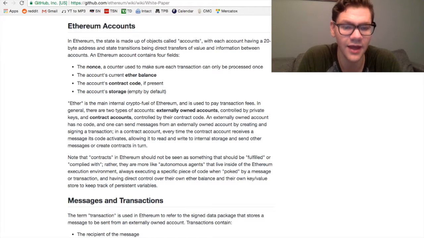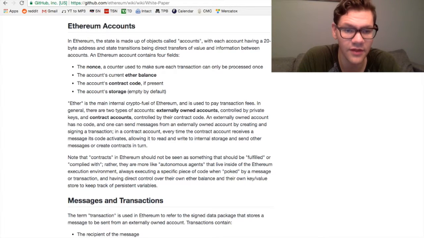An Ethereum account contains 4 fields: a nonce, a counter used to make sure each transaction can only be processed once; the account's current ether balance; the account's contract code, if present; the account's storage, empty by default. Ether is the main internal crypto fuel of Ethereum and is used to pay transaction fees.